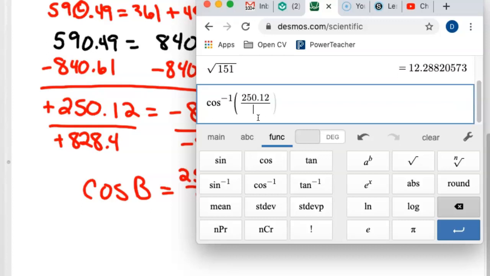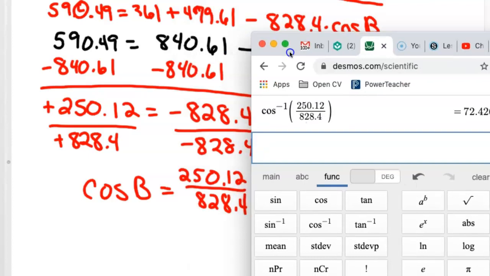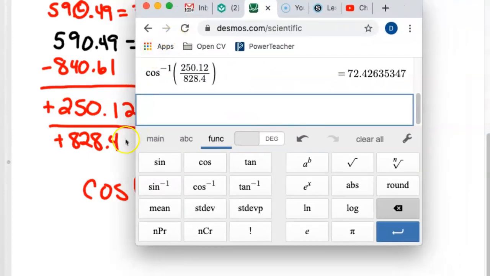Let the calculator do its work: 250.12 divided by 828.4. And there is my angle. It's 72.42. And there you have it. That was angle B. That's your biggest angle.